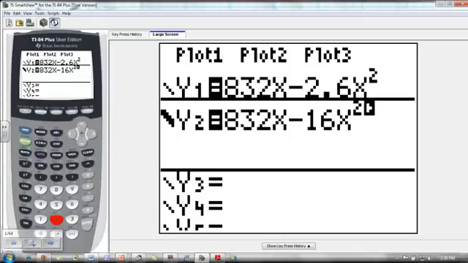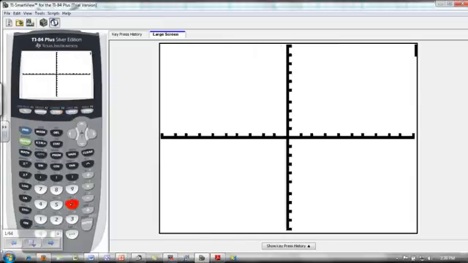Okay, so there's our two graphs, and the question is, can we look at them graphically and see what's going on? I guess I could start with a zoom 6. And what we're seeing is it's going up very quickly.